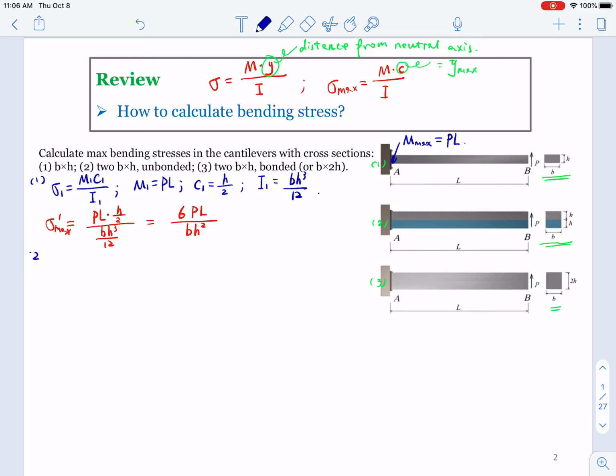Then in case 2, the equation will be the same: sigma 2 equals M2 C2 over I2.